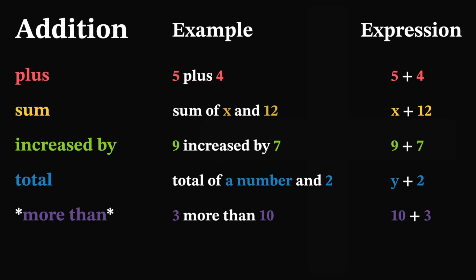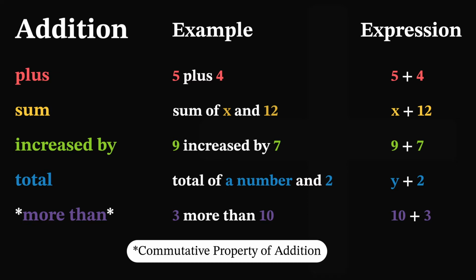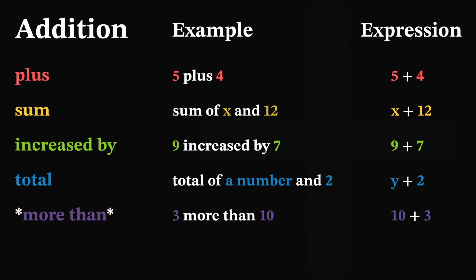And although the commutative property says that 10 plus 3 and 3 plus 10 are the same, for the sake of translating this phrase exactly, 10 plus 3 is better. And we'll have other phrases that the order of the numbers will matter, so this is good practice for those moments. To sum up that portion, 3 more than 10 means we have 10 plus 3.